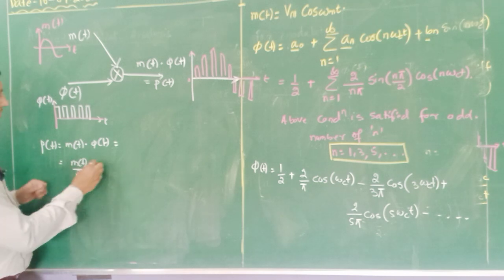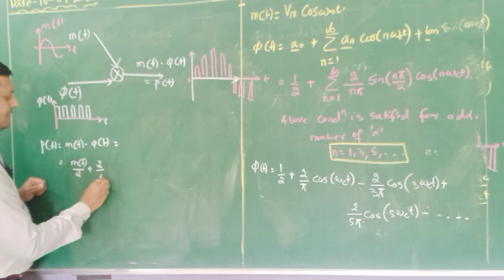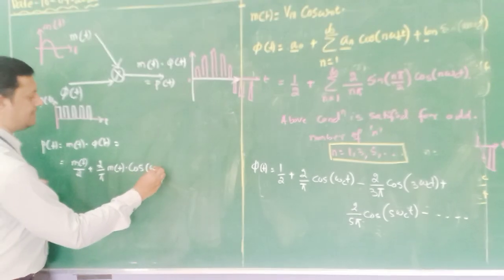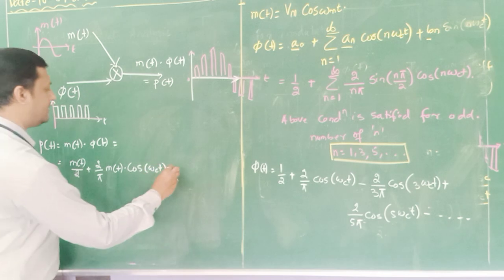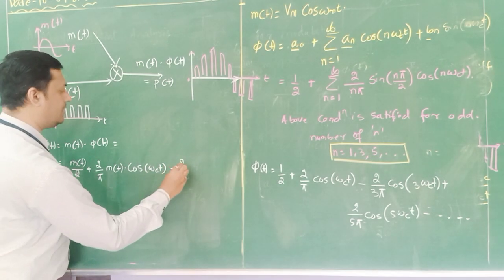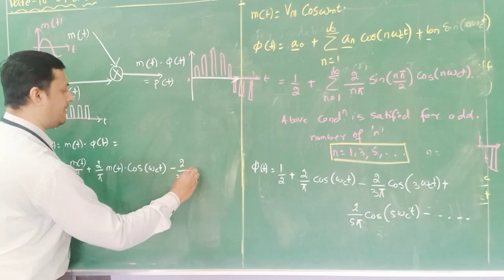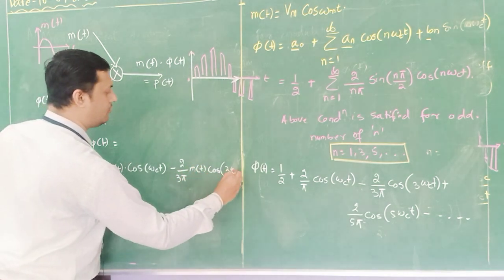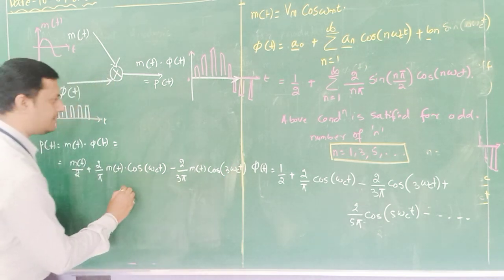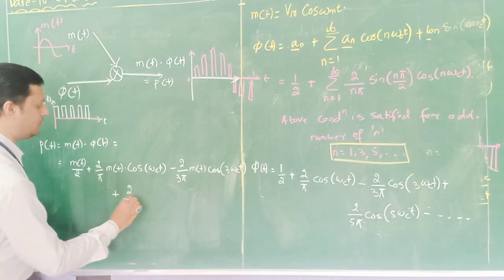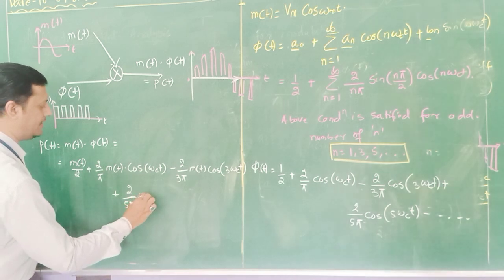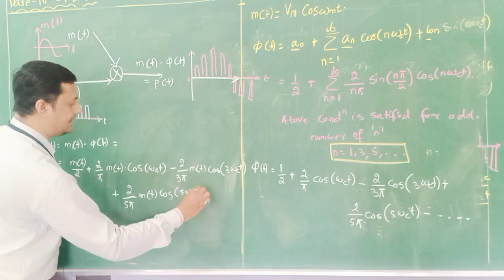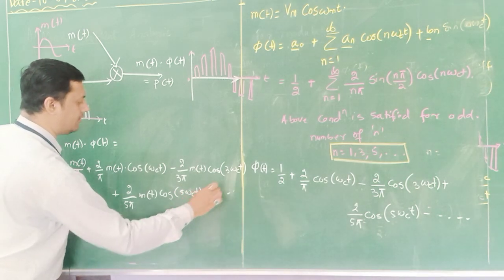Second, 2 by pi m of t cos omega ct. Then the third one, 2 by 3 pi m of t cos 3 omega ct. Then plus 2 by 5 pi m of t cos 5 omega ct, plus and minus, and so on.